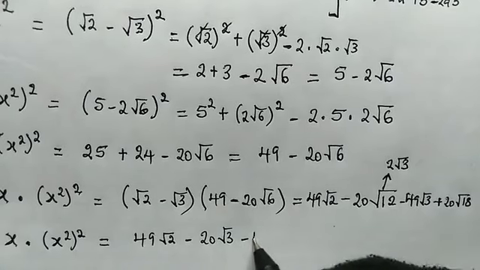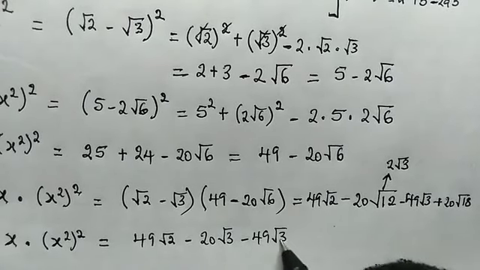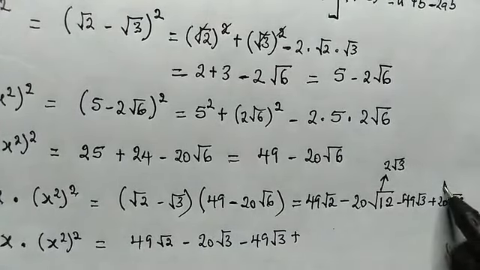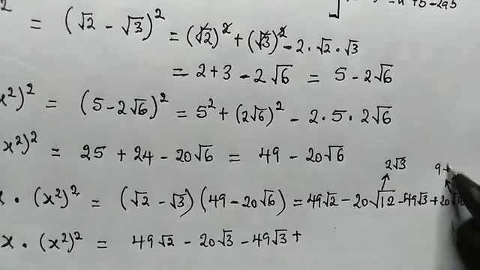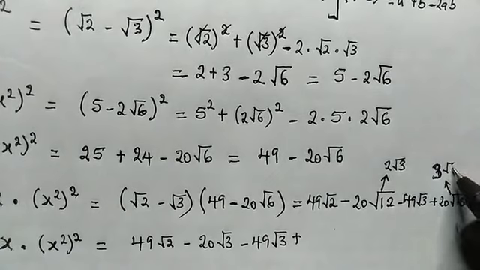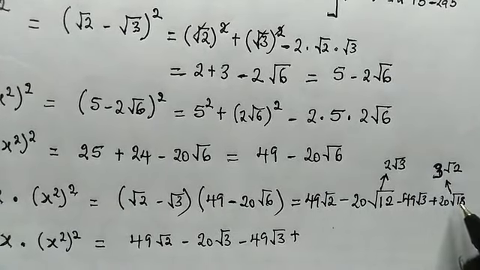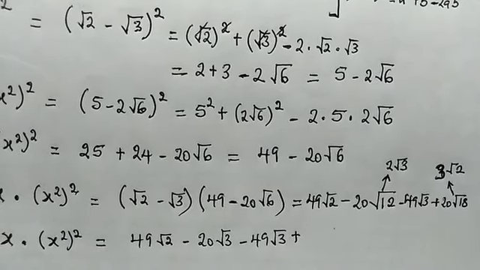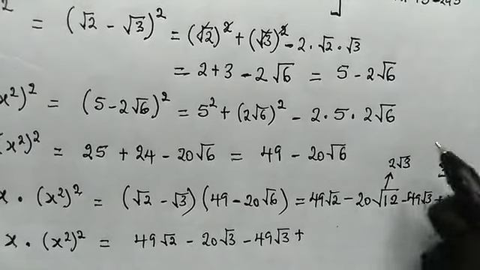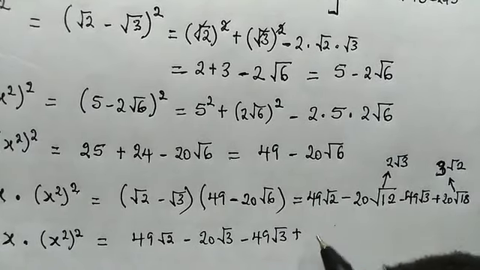Then minus, we have 49 root 3. Then plus, now root 18 is equal to 3 root 2. Sorry for that. You know why? 18 is 9 times 2. Right? So the square root of 9 is 3. And then we're left with 2 under that root sign.